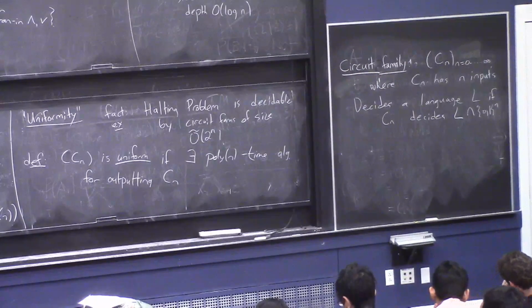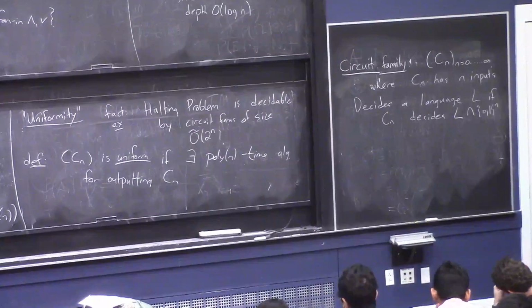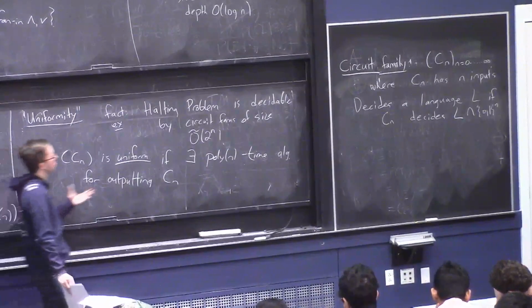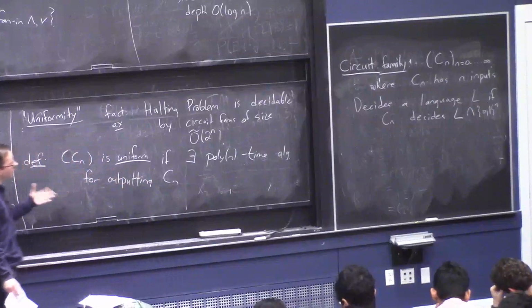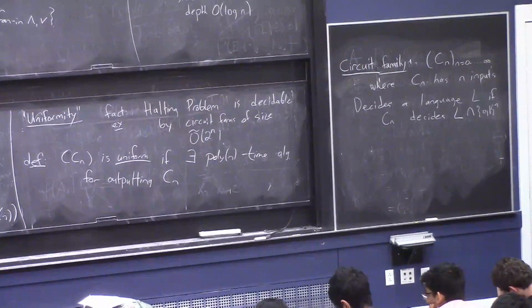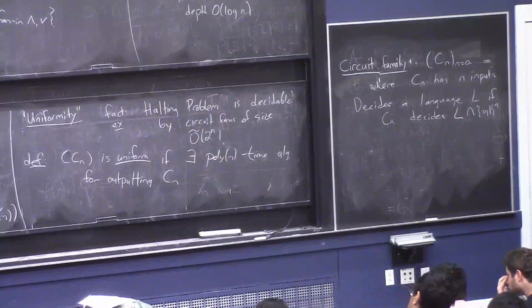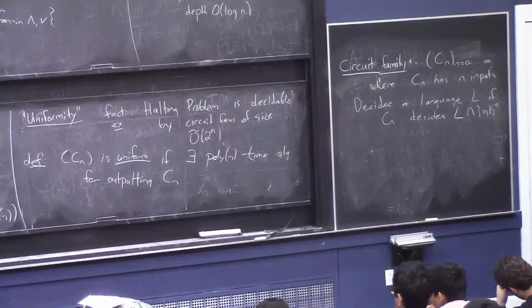Which means you have an efficient way to get the circuit. And so if you always insist that your circuits have this uniformity property, then there's a real equivalence between circuit size and algorithmic time. For example, the poly-sized circuits that are also uniform decide the same languages that are decidable in polynomial time. It decides P.